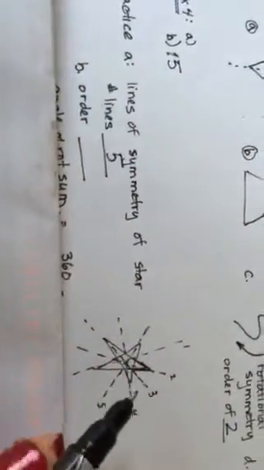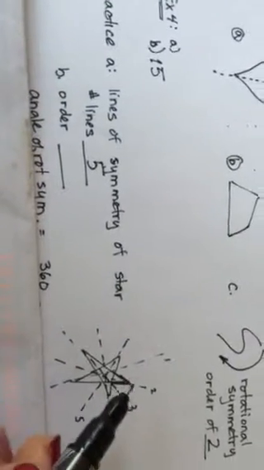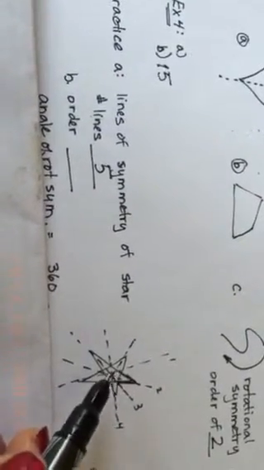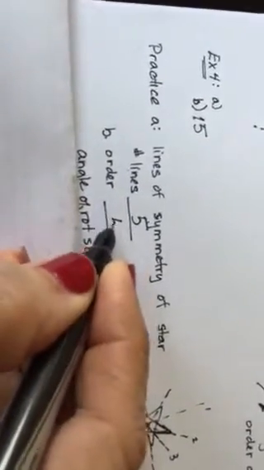When we consider our rotation, our order, how many times can it be turned? If this is the center, well, I can have a point at the top, and then a second point, a third point, a fourth point, and a fifth point. So we're going to say that it has an order of 5.